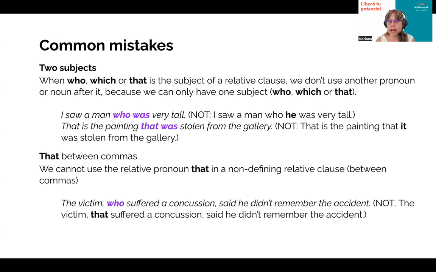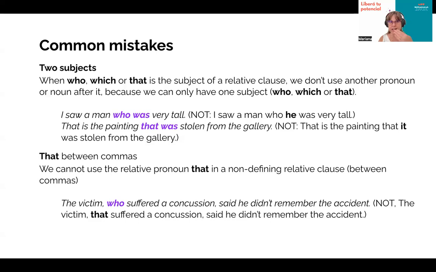Cuando who, which or that es el sujeto de la relative clause, no lo podemos omitir. Esto es lo que acabamos de ver en la otra placa. ¿Sí? Volvemos a repetirlo. I saw the man who was very tall. Pero no puedo repetir who he was very tall. ¿Sí? Me quedaría repetido el sujeto en este caso, que es algo muy común que suceda, que se repita, ¿ok?